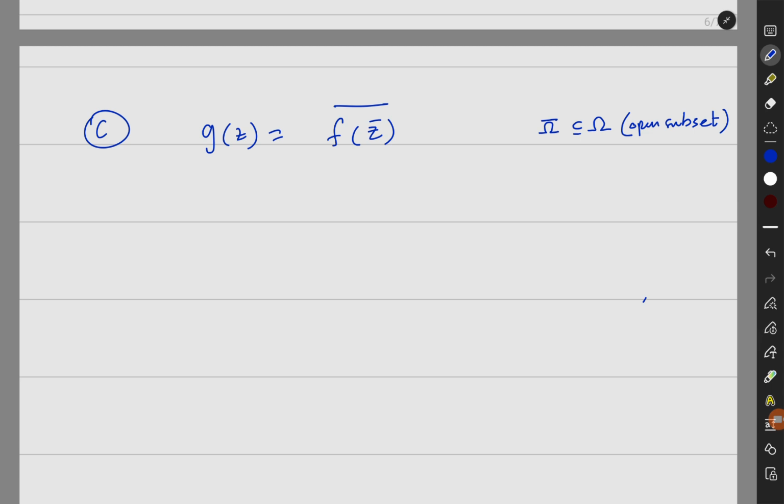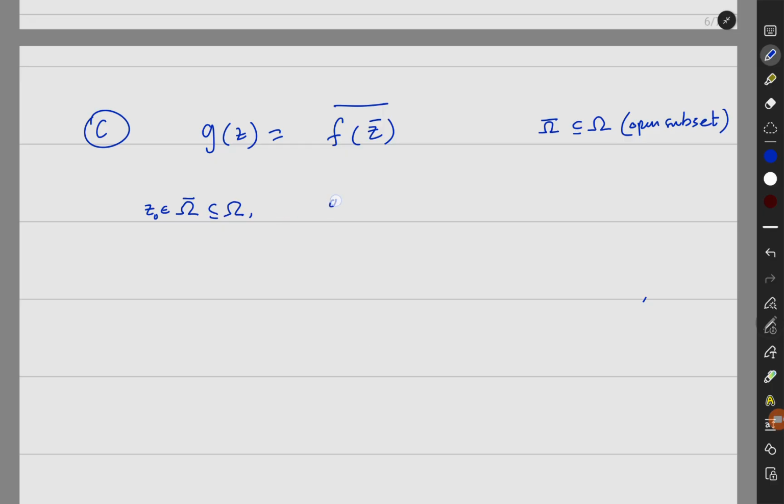So pick some point z naught belonging to omega bar, because G is defined on omega bar, and this is a subset of omega, so no worries. Till now we don't have any problem. Z naught we are going to take.